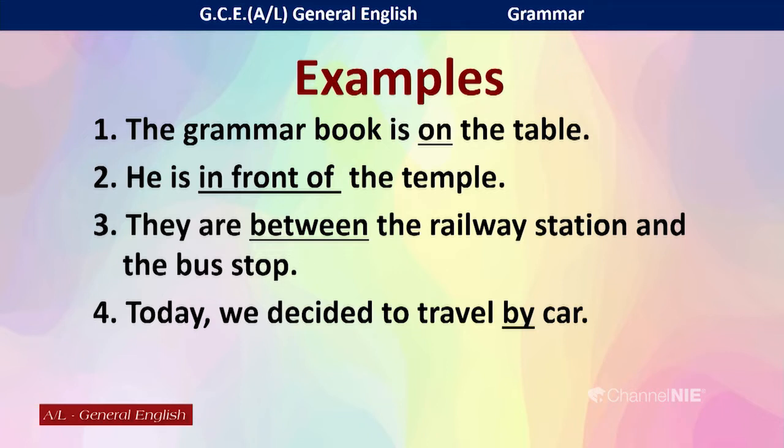They are between two places, between the railway station and the bus stop. Today, we decided to travel by car. So, the words or the phrases I have underlined here are called prepositions: on, in front of, between and by.